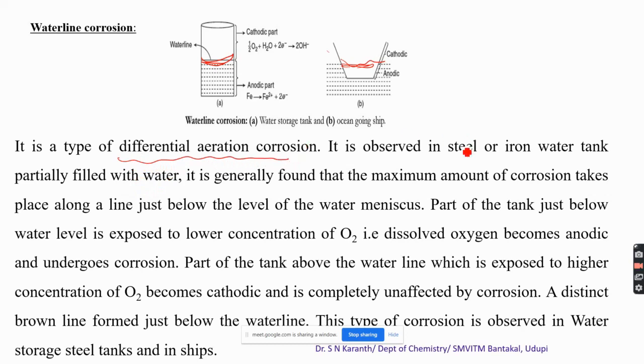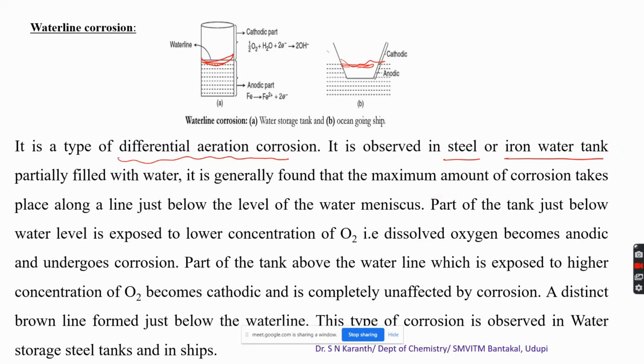It is particularly observed in a steel or iron water tank or ocean-going ships. It is generally found that the maximum amount of corrosion takes place along a line just below the water level. Not the complete portion of the metal is corroded.